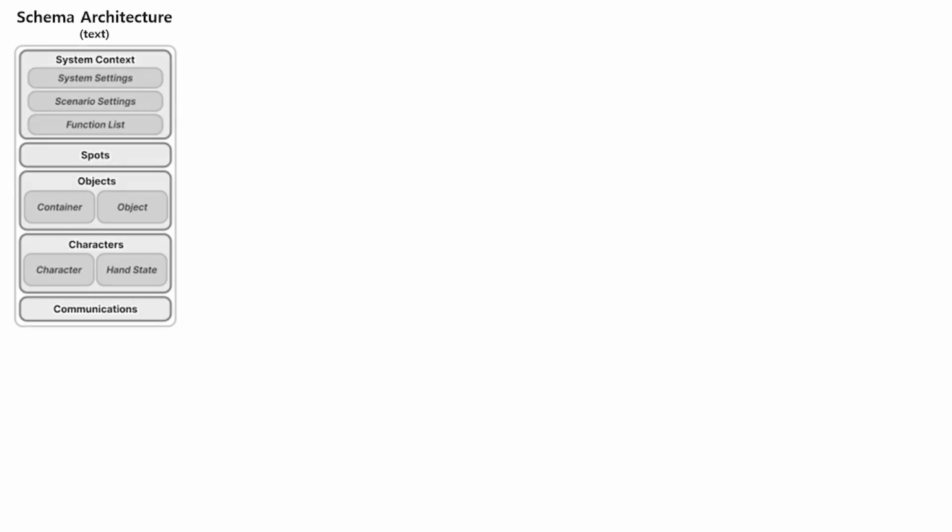First, let us focus on the most crucial aspect, the schema architecture. The schema defines five main components: system context, objects, characters, spots, and communication. This provides the necessary contextual information for role-play scenarios in the VR environment. The system context component includes three subcomponents.